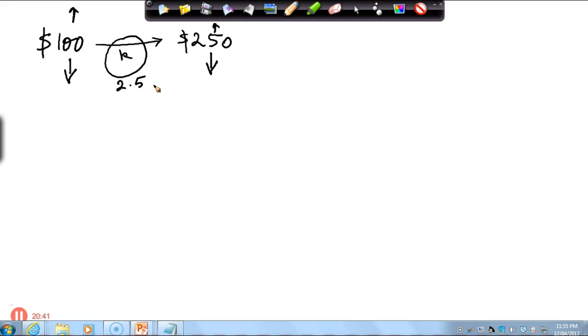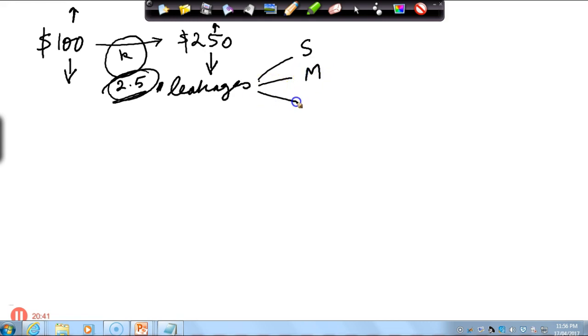Well, as we saw, the size of the multiplier depends on the number of leakages there are from the system and the size of those leakages. Now the leakages come in, as we already talked about: there's savings, there's import spending, and there's taxation.